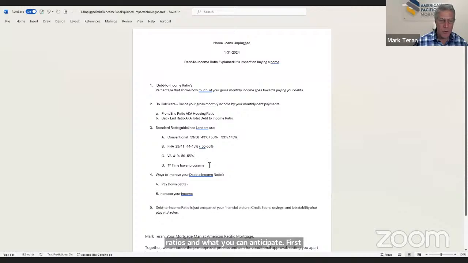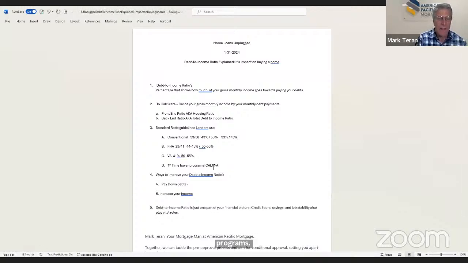First-time buyer programs. So I'm going to talk about the California Housing Finance Agency programs because I think it's one of the best down payment assistance programs out there. They typically, the housing ratio, we still have to, just like a conventional loan, we still will run it through an automated underwriting engine. So those rules apply, but they also have a total debt to income ratio that they'll say, hey, you can't exceed this.